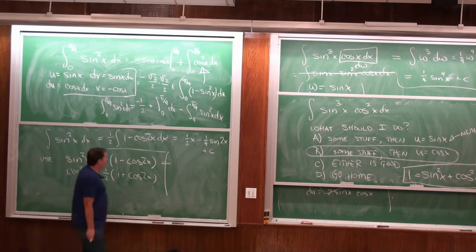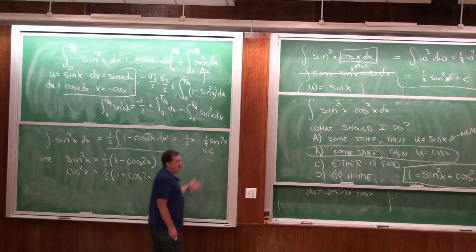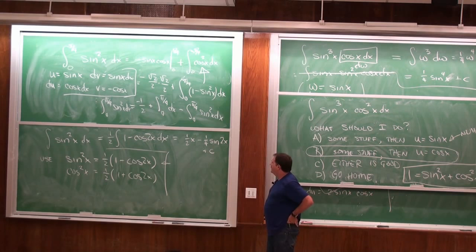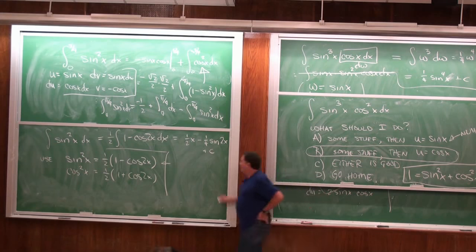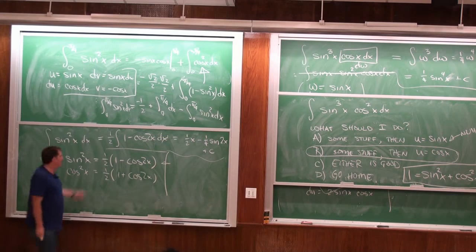We can check that. I mean, you can check it by taking the derivative and then using this formula to go back. Did I mess up the sign somewhere? Okay? So if both are even, then you use this.